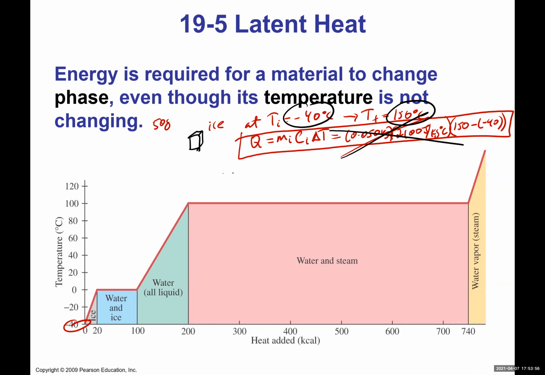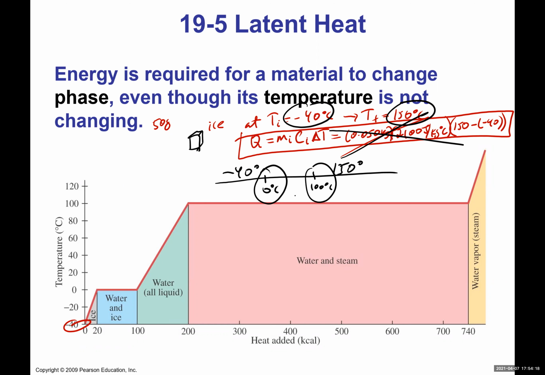Because we know that between negative 40 and 150, there is 0 degrees Celsius and 100 degrees Celsius. What are those two temperatures famous for? Well, this is the melting point of water, and this is the boiling point of water.